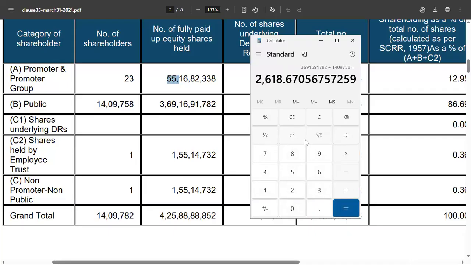So what is the answer? Hardly 2600. So the holding by the general public is only about 2600 on average.